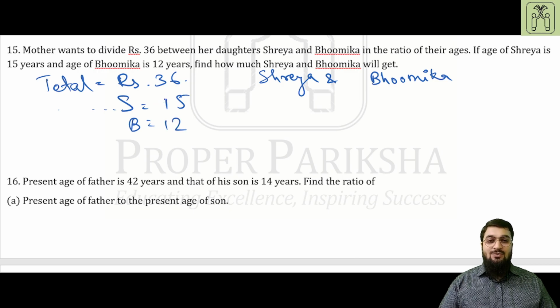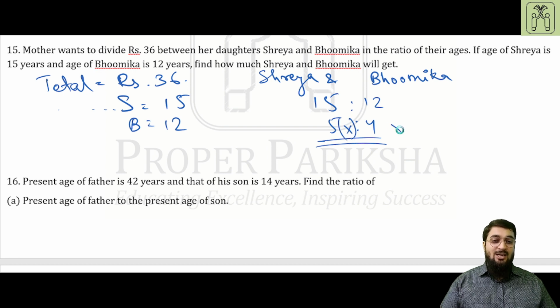So we have to find out the ratio. So S is to B will become 15 is to 12 and that will be 5 is to 4, and this will be the ratio. And after that we will multiply by x on both sides, so we will have 5x plus 4x is equal to rupees 36.